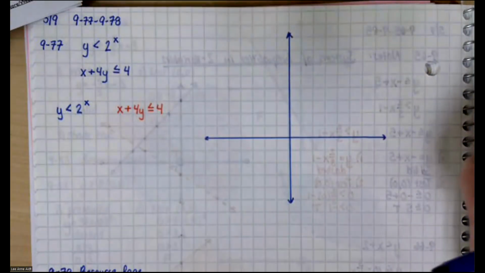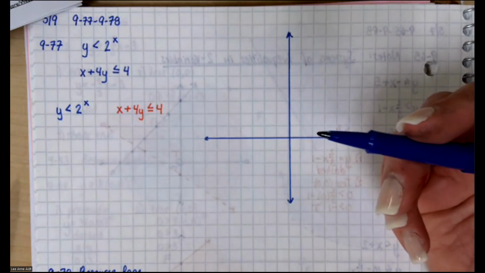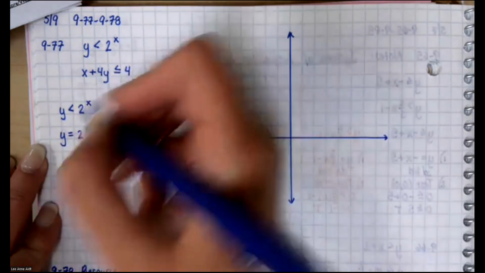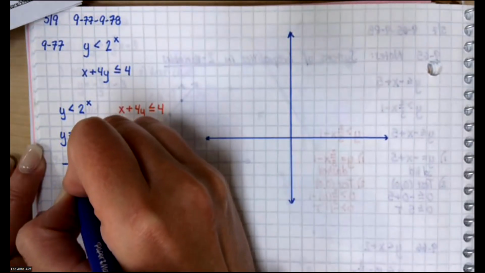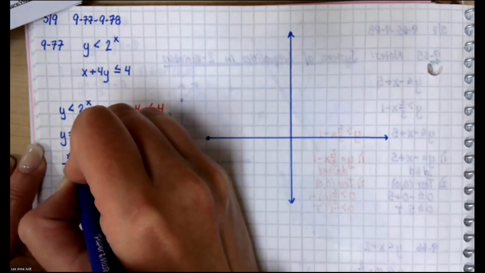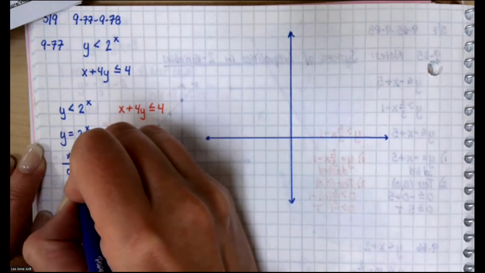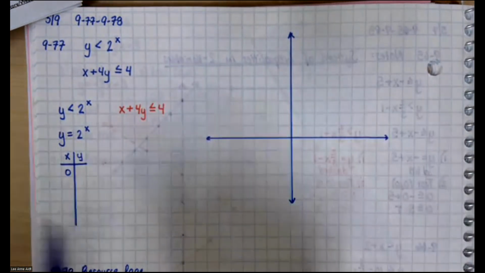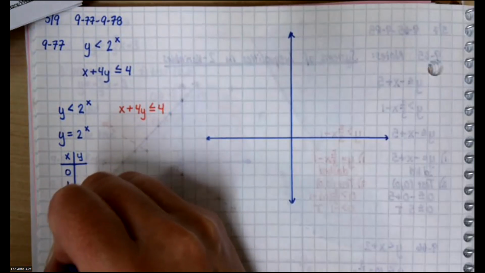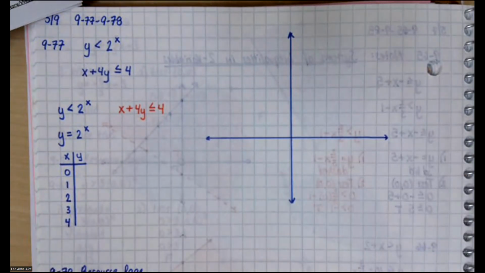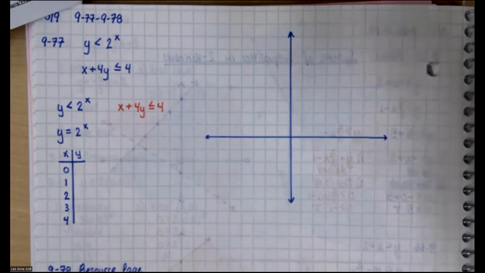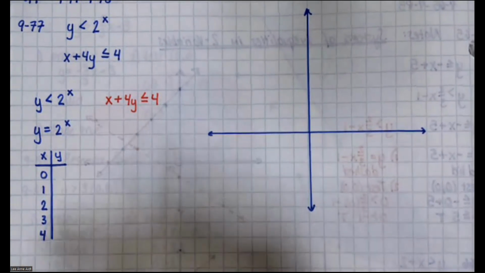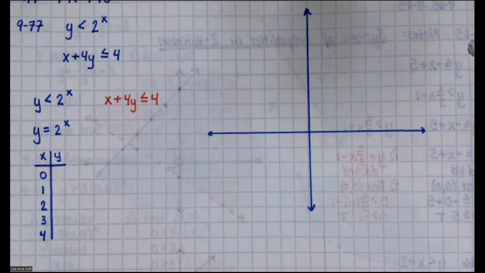Okay. In order to do that with a curve, we're going to make a table. So first, we're going to pretend that it's equals. Since this is a curve, you can't really do y-intercept and slope.